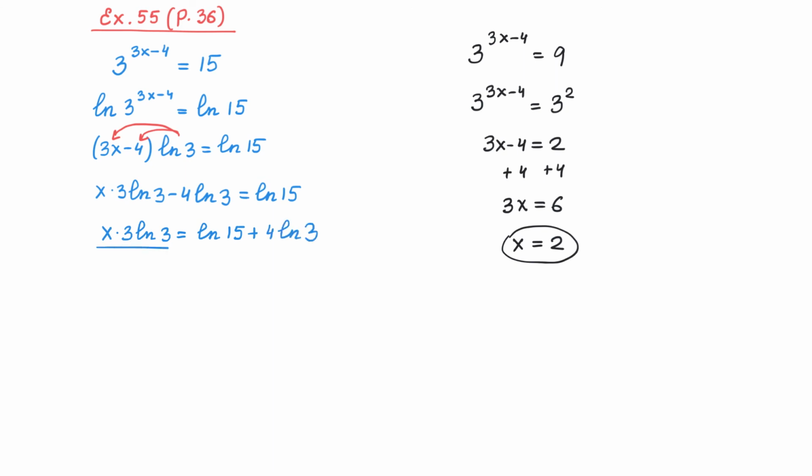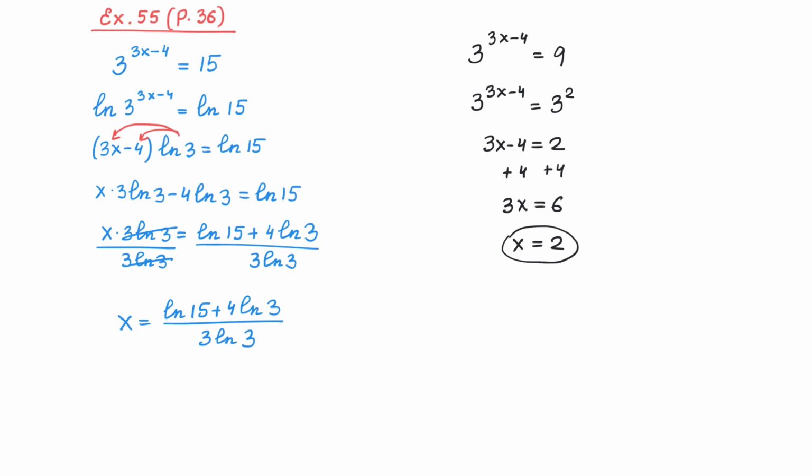Then we will divide both sides by 3 natural logarithm of 3. On the left side they will cancel, and we will get that x equals natural logarithm of 15 plus 4 natural logarithm of 3 over 3 natural logarithm of 3.